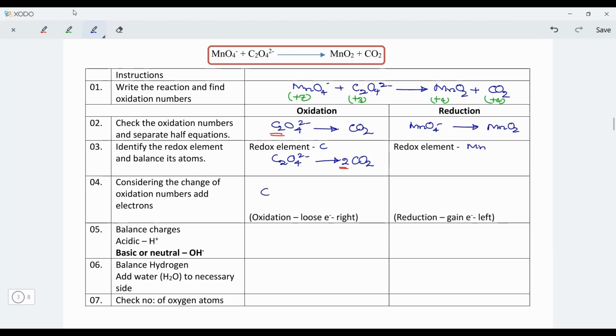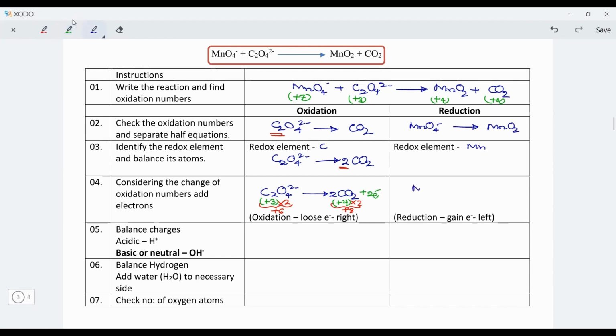The oxidation numbers will be plus 3 and plus 4 for 1 atom, but we are considering 2 of them here, so you need to multiply by 2. Overall you have plus 6, and here you have plus 8. So from plus 6 to plus 8, the oxidation number is increased. That means you have to add 2 electrons on this side.